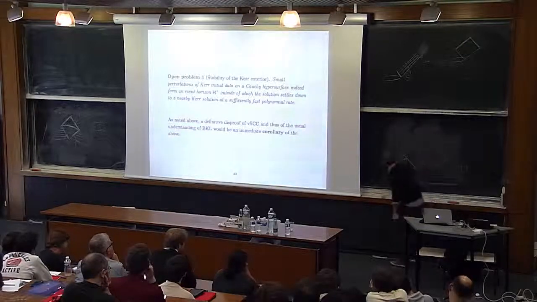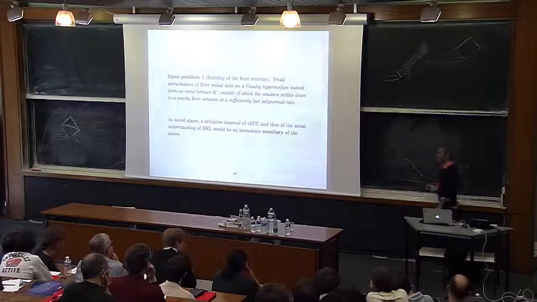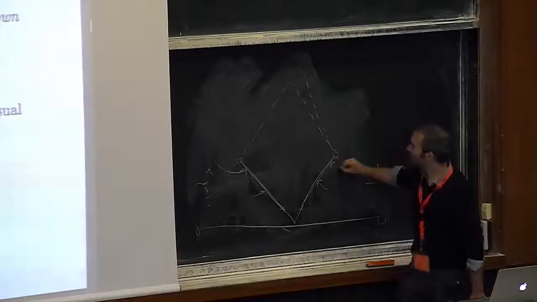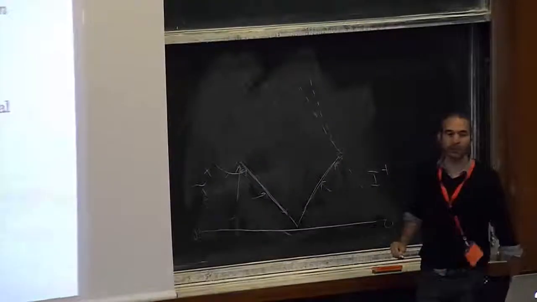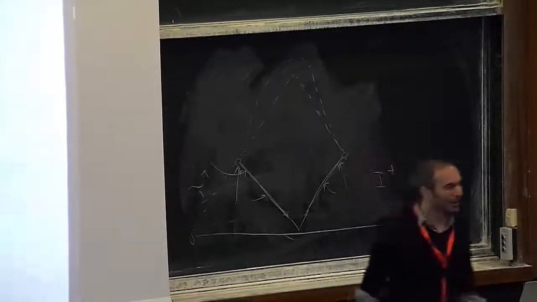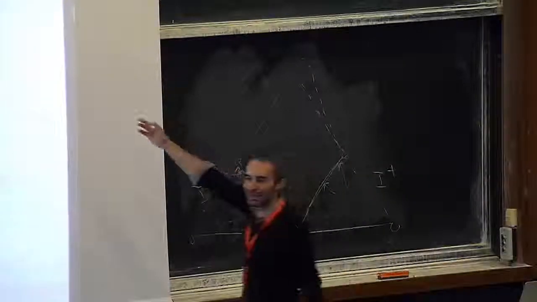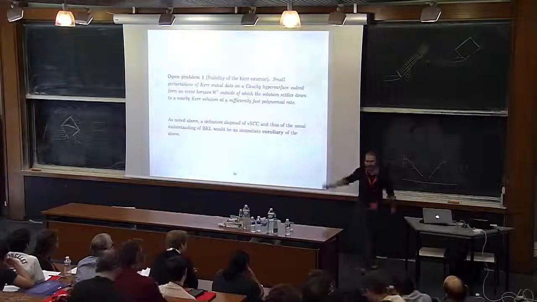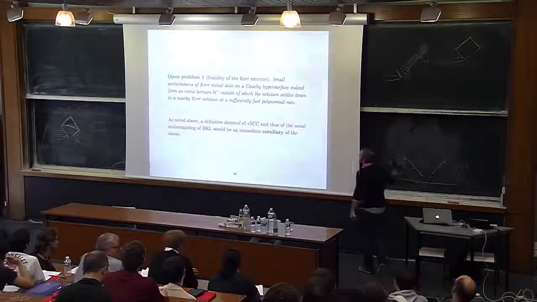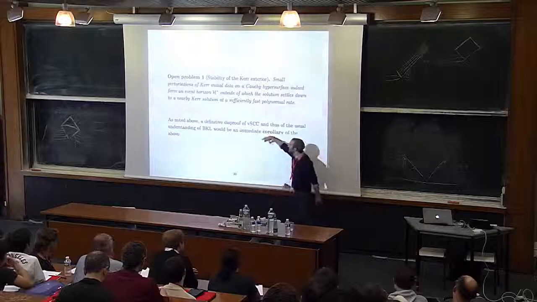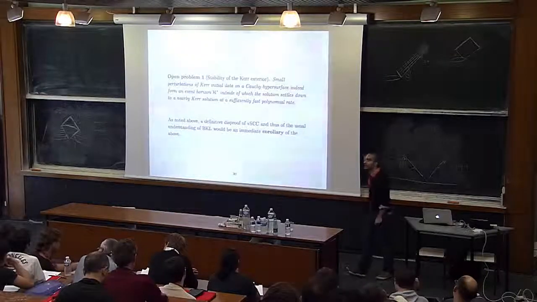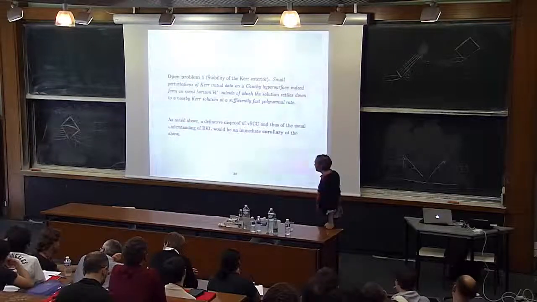So you'll have complete future null infinity, such that in the past of future null infinity, you will approach another member of the Kerr family at a sufficiently fast polynomial rate. Okay, so that's open problem 1. Of course, this has independent interest, but in particular, given this, it would be a definitive disproof of very strong cosmic censorship and the usual understanding of this BKL conjecture.